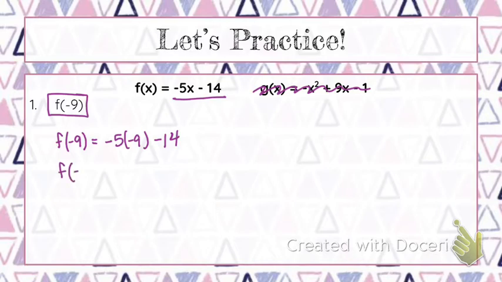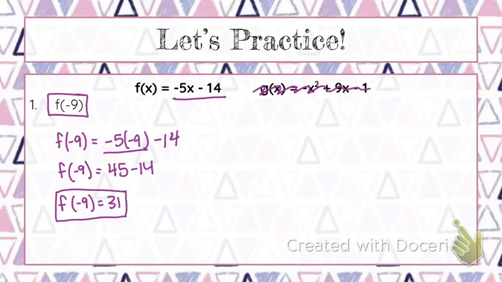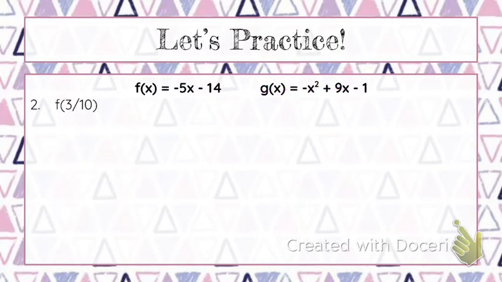We get f of -9 equals -5 times -9 is positive 45 minus 14. F of -9 equals 31. And that's it. You're just plugging a number in for x and solving. This process that we're doing is called evaluating functions. We are evaluating functions in function notation.